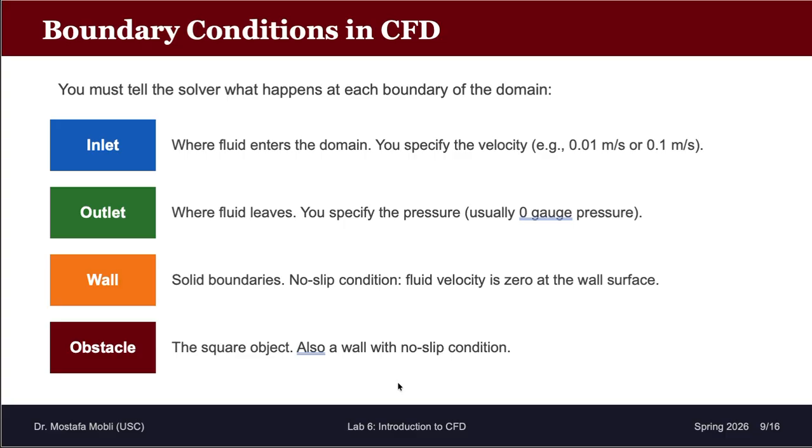And we are going to define walls, which are essentially solid boundaries of that square. We are going to use a no slip condition for the wall boundaries, and that no slip condition means that the fluid velocity is 0 at the wall surface. And the obstacle we have essentially is a wall, of course.